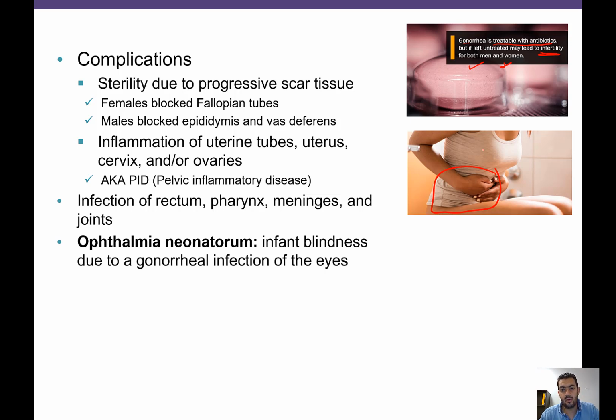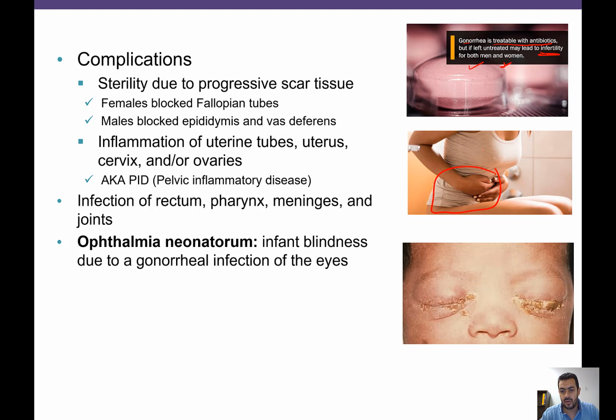One of the complications is that if a woman with Neisseria gonorrhea has not sought treatment, when she gives birth there is a chance that the baby will get what we call ophthalmia neonatorum. We have covered this before, if you remember. It's an infection affecting the eye of the baby, and it may end up with blindness.